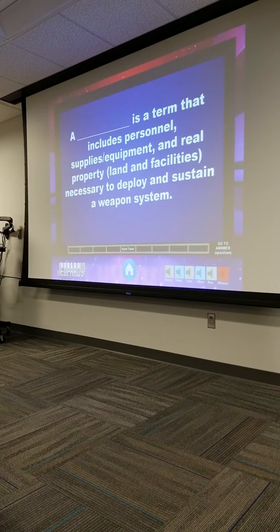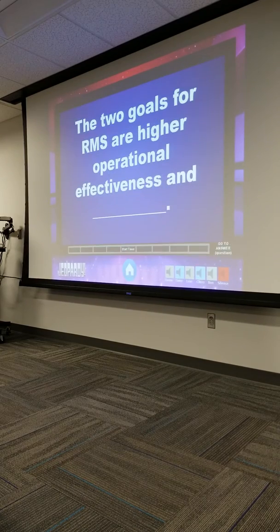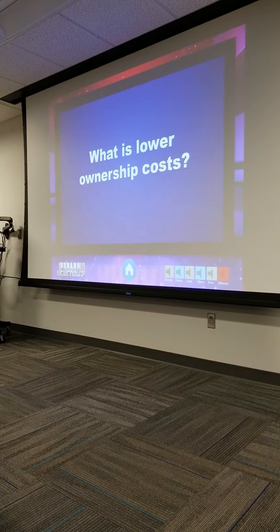A blank is a term that includes personnel, supplies, equipment, and real property, land and facilities necessary to deploy and sustain a weapon system. What do we call that? Logistical footprint. Two goals for RMS are higher operational effectiveness and lower ownership costs, correct? Am I going too fast?